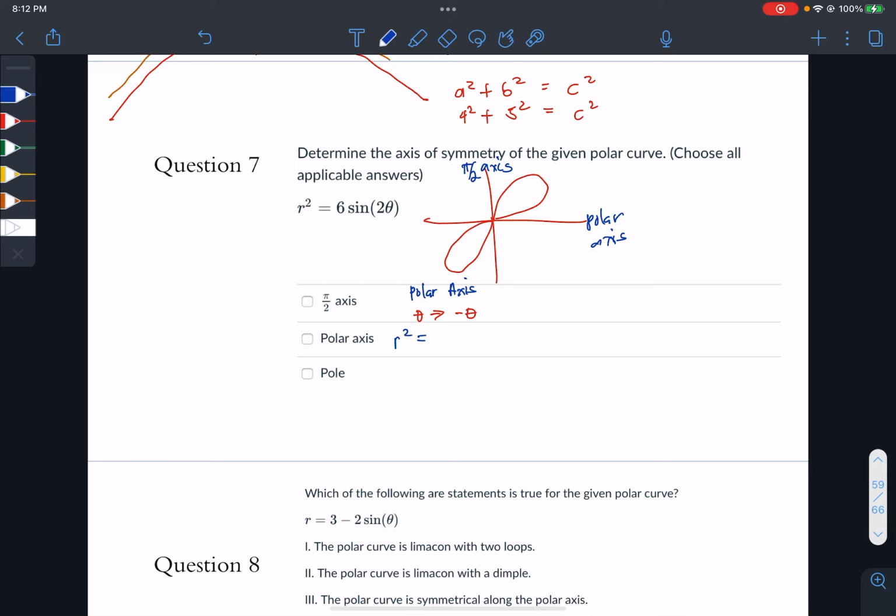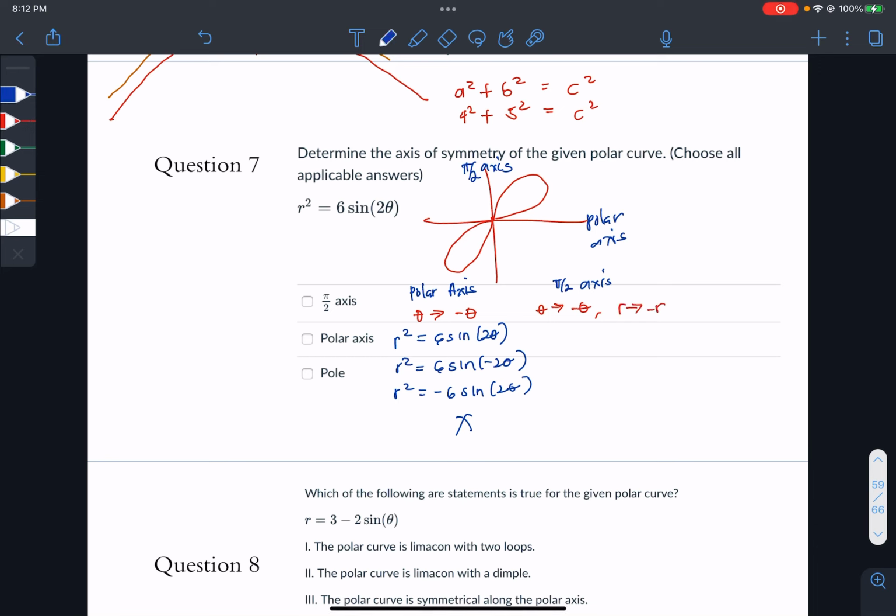So r squared equals 6 sine 2 theta. Palitan natin yan, so 6 sine negative 2 theta. So r squared is negative 6 sine 2 theta, which is not the same. So sa pi all over 2 axis naman, we change both: theta to negative theta and r to negative r.